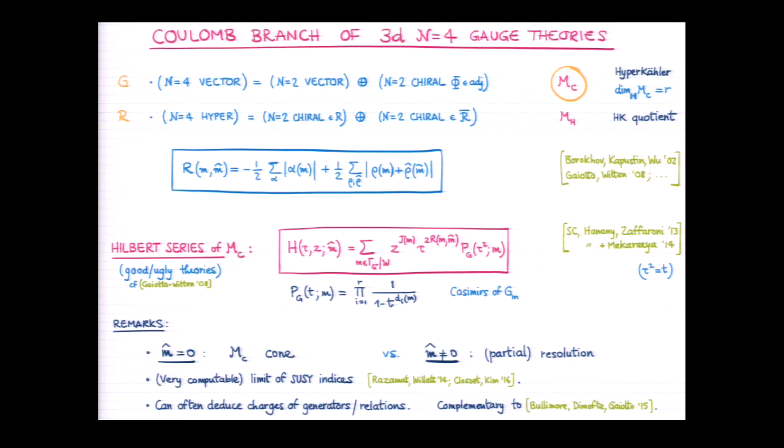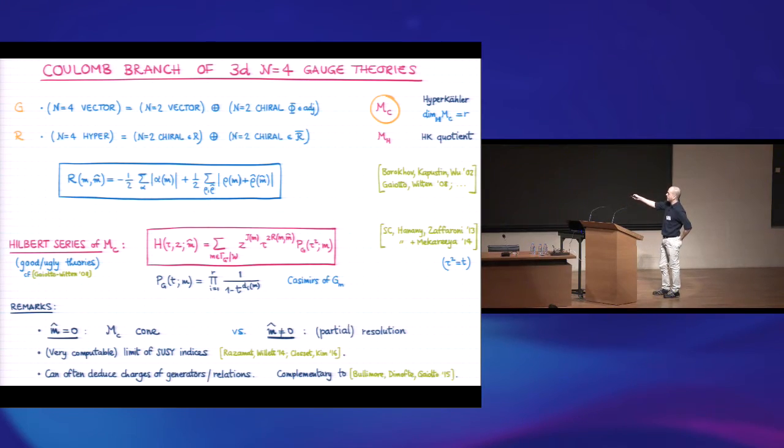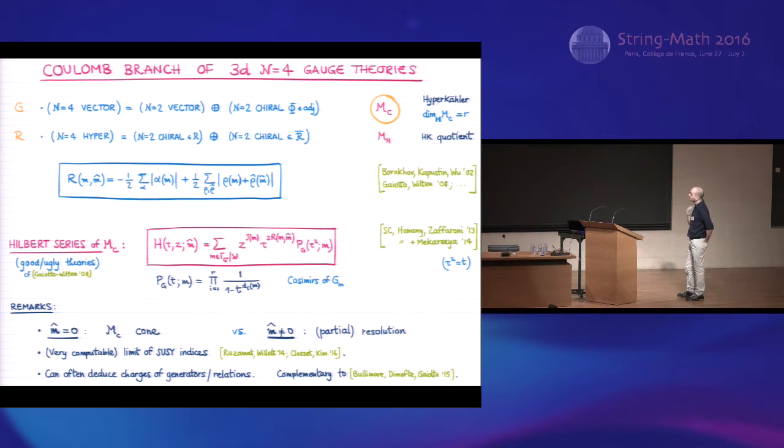So let me just apply this reasoning to three-dimensional N=4 gauge theories, in particular the Coulomb branch. So we have now a gauge group with the N=4 vector multiplets and a representation for N=4 hypermultiplets. We fix an N=2 subalgebra, or N=2 complex structure, and we can apply the previous reasoning. In particular, we're interested in the Coulomb branch, which is the branch of the moduli space where the hypermultiplets do not take expectation values.